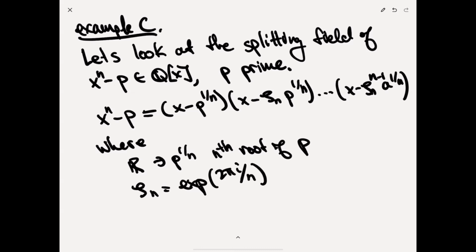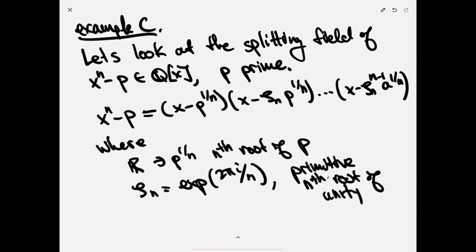This is what's called the primitive nth root of unity, and we call it primitive because all the other ones are a multiple of this one. It's not the only primitive nth root, but it's kind of our favorite when you're viewing it in the complex numbers. There's a way to view roots of unity not in other fields, but we'll talk about that later.